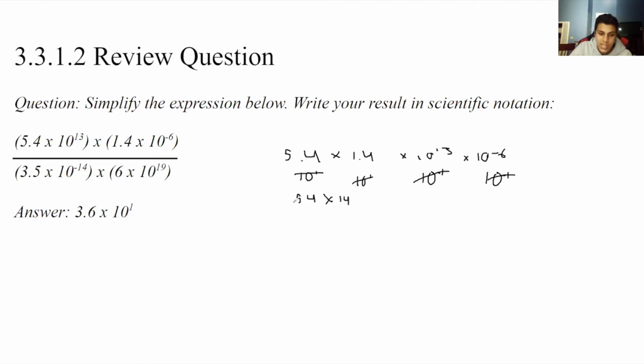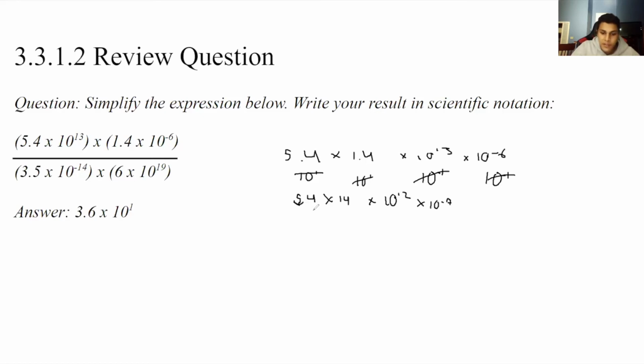So I can turn this into 54 times 14 times 10 to the power of 12 times 10 to the power of negative 7. Now, what I did might have been a little bit confusing, but essentially what I did is I multiplied by a power of 10 to get rid of these decimals and multiplied by a negative power of 10 to decrease my powers of 10 that I already have in order to make sure this expression stays equal.